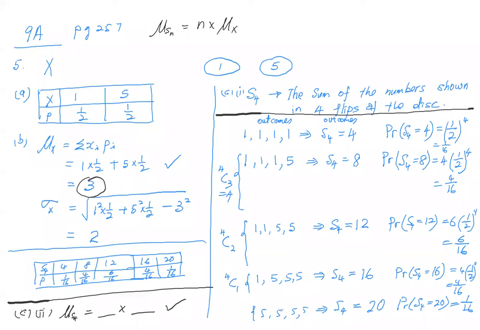Then what is the population mean? 3. So what is the answer? 12. Okay, now the standard deviation for this.